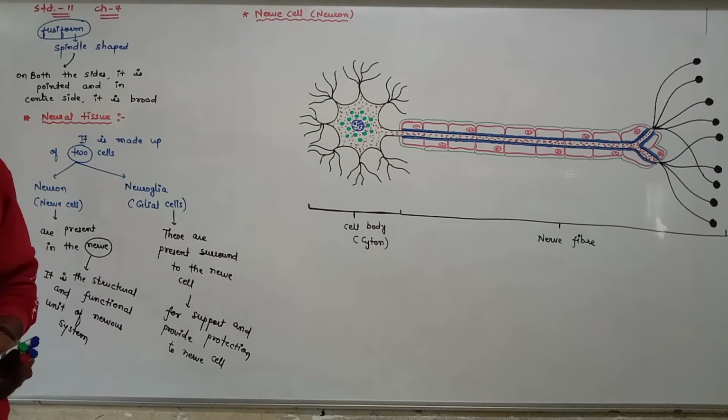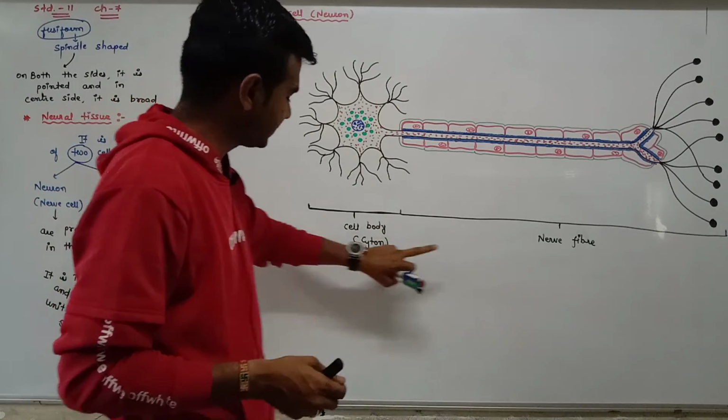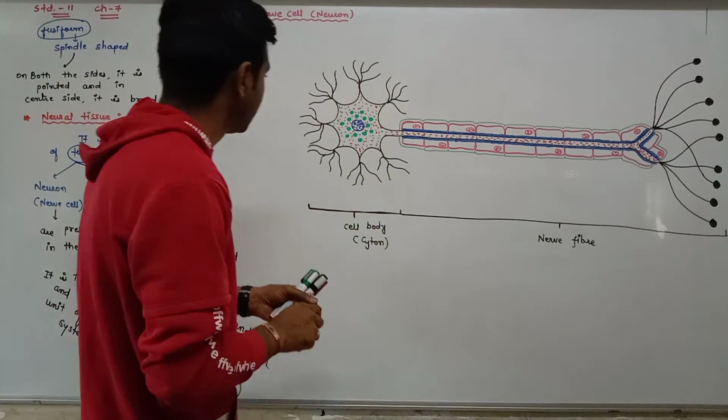So the nerve cell consists of two regions, cell body or cytone, as well as nerve fiber.